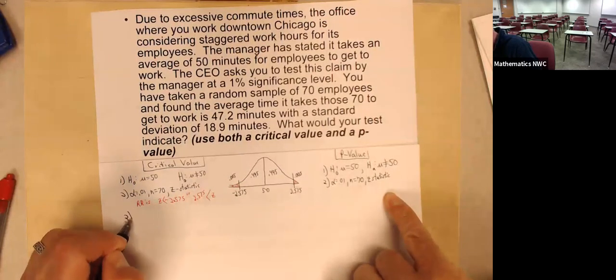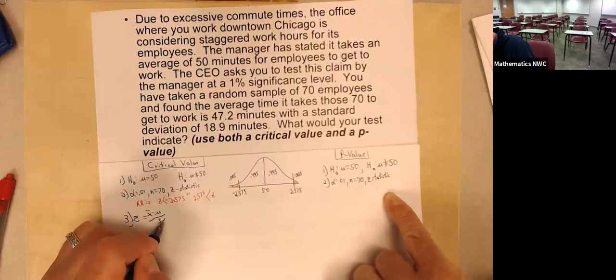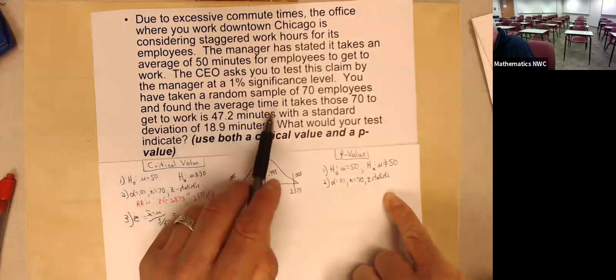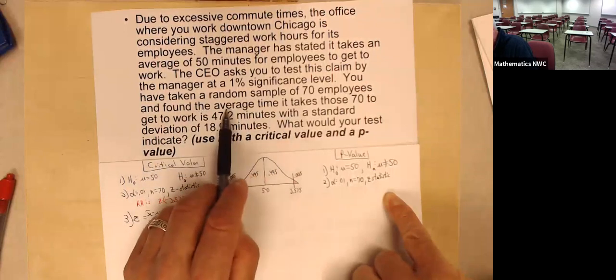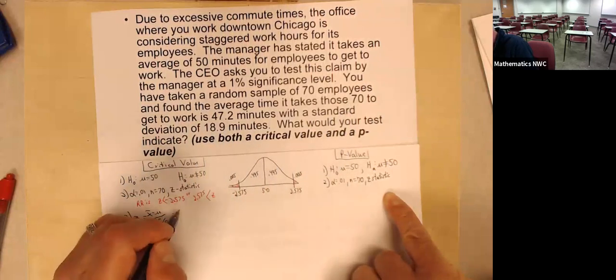So step number 3, I find my z-score. My formula again, x bar minus mu divided by s over the square root of n. My sample mean, let's find out what it was. Took a sample of 70, found the average of those 70 is 47.2.